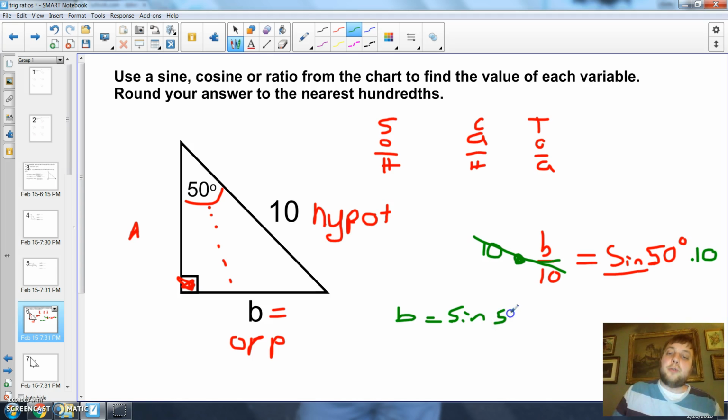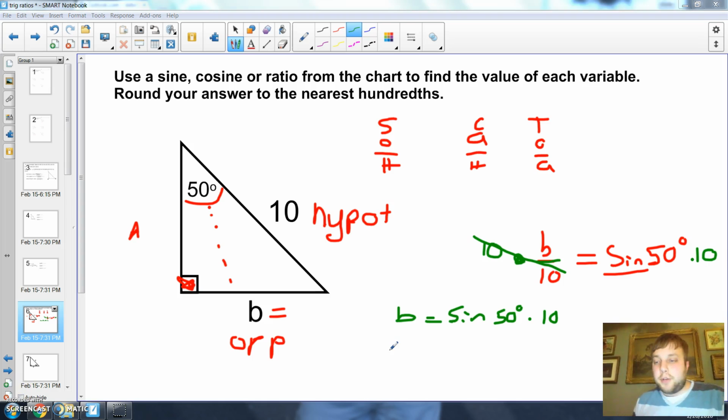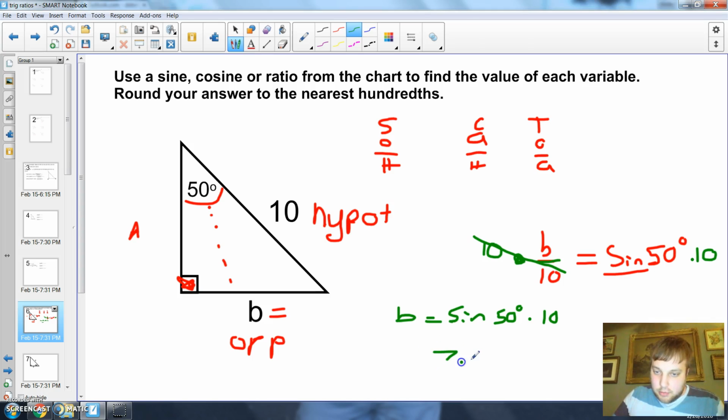This is why we have it in degrees, not radians. After I grab my calculator, sine of 50 degrees times 10 equals about 7.66, and it says round to the nearest hundredth, so that would be 2 decimal places.